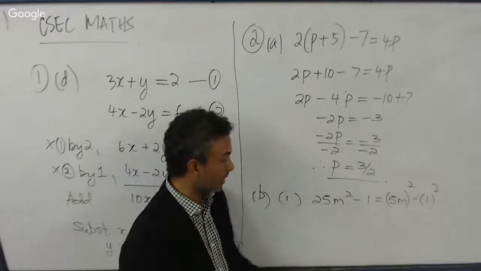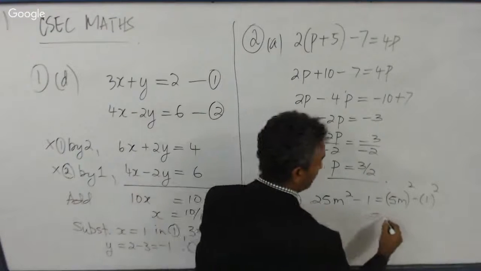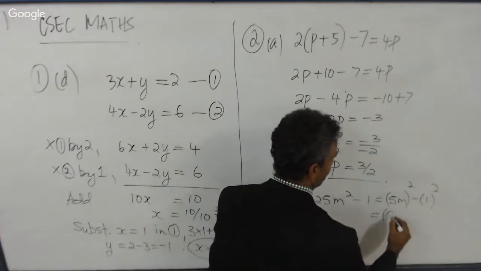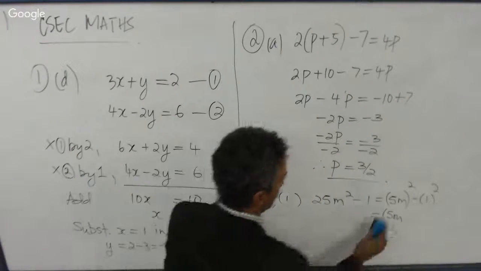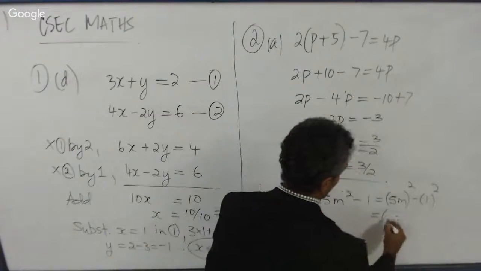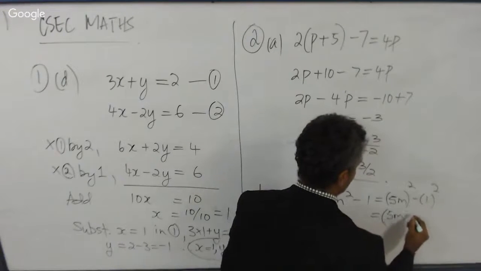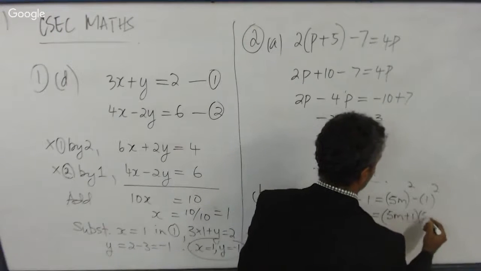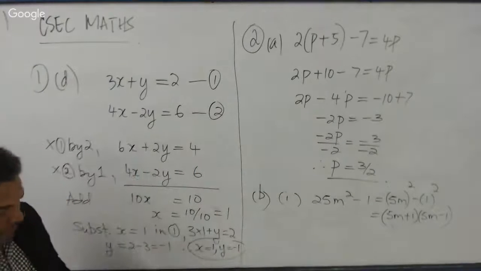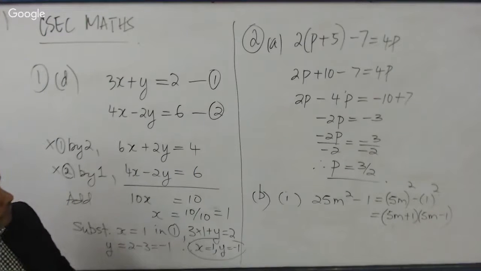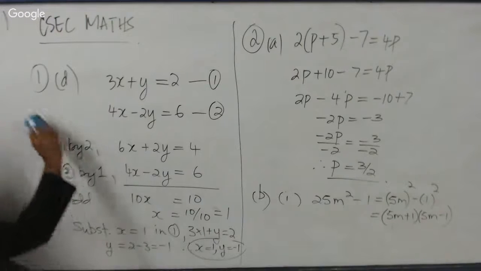This is 1 squared. So the answer is 5m plus 1, 5m minus 1. That's 2B.